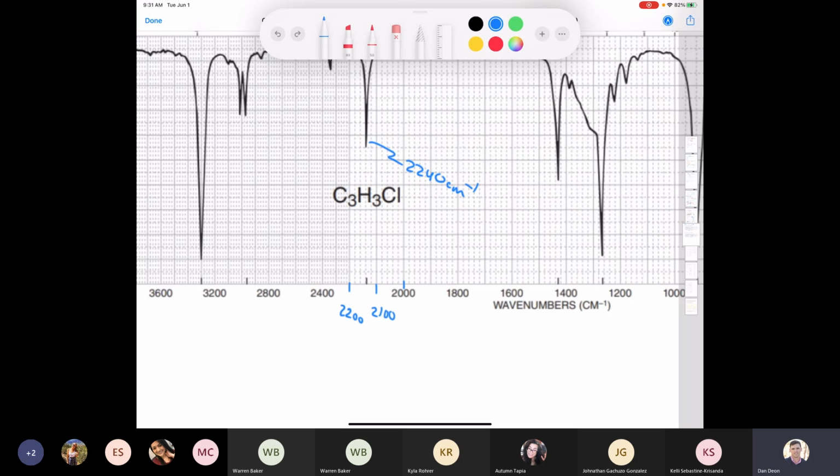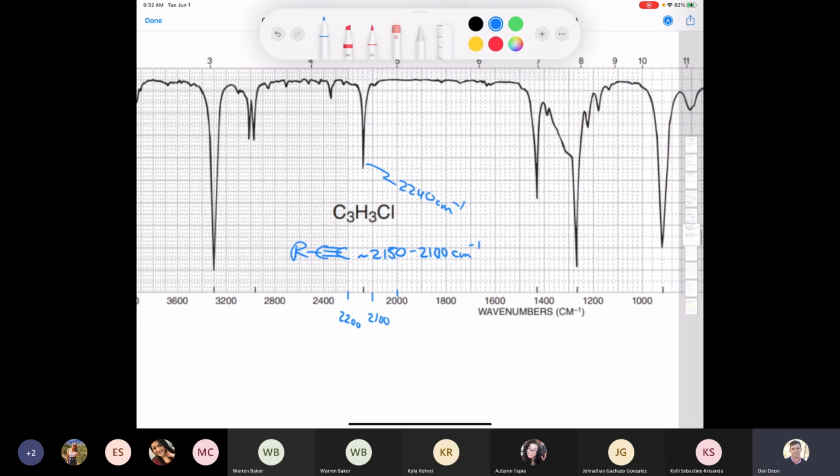This is a little bit outside of that, but if you look at our table, the carbon-carbon triple bond says 2150 to 2100, and you have to take these values with a bit of leeway. So it must be an alkyne. It's the only possibility.